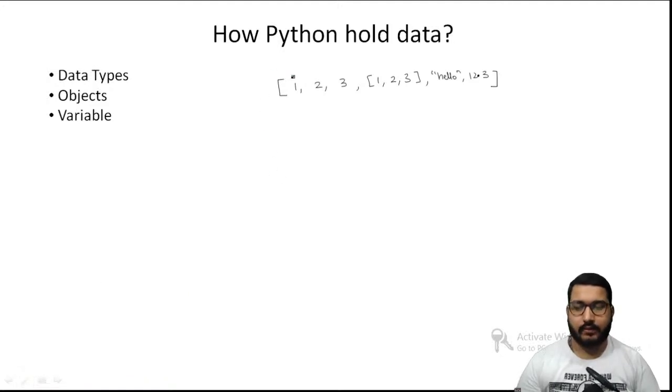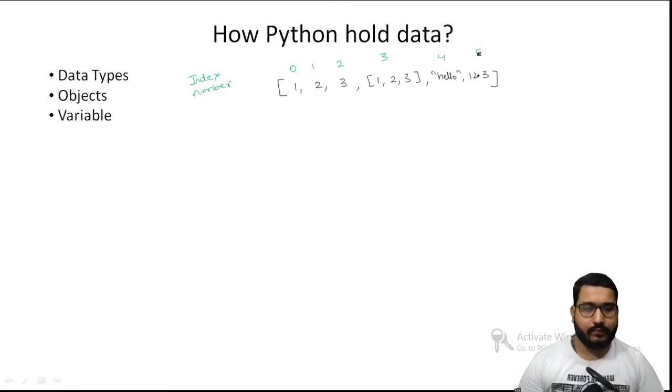In a list, there is something known as index number. Now what is index number? Index number basically provides an identifier number to each element of your list. So this number 1 will be identified with a number known as 0, then this is 1, this is 2, this complete thing is 3, this is 4, and this is 5.